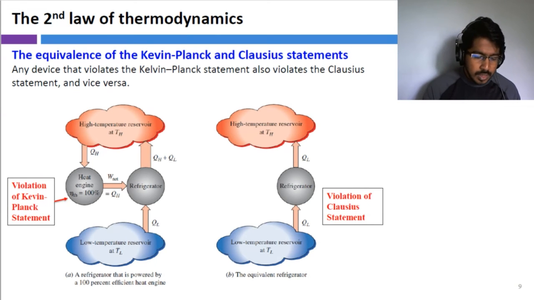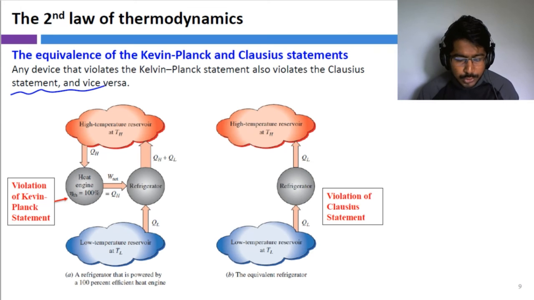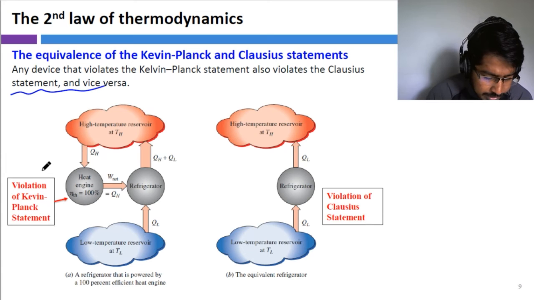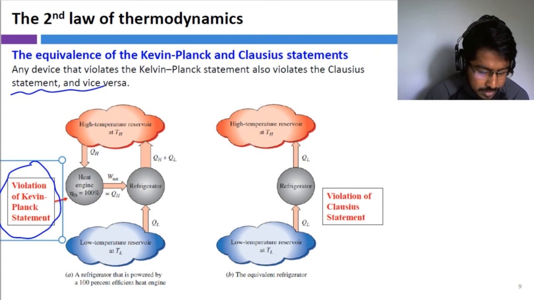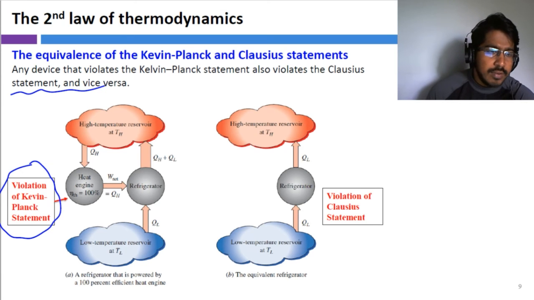So let's go through the statement above here. Any device that violates the Kelvin Planck statement also violates the Clausius statement, and vice versa, right? Okay, let's see. Let's take a heat engine that violates the Kelvin Planck statement. If a heat engine violates the Kelvin Planck statement, that means it can convert 100% of the thermal energy that it receives to work, right?